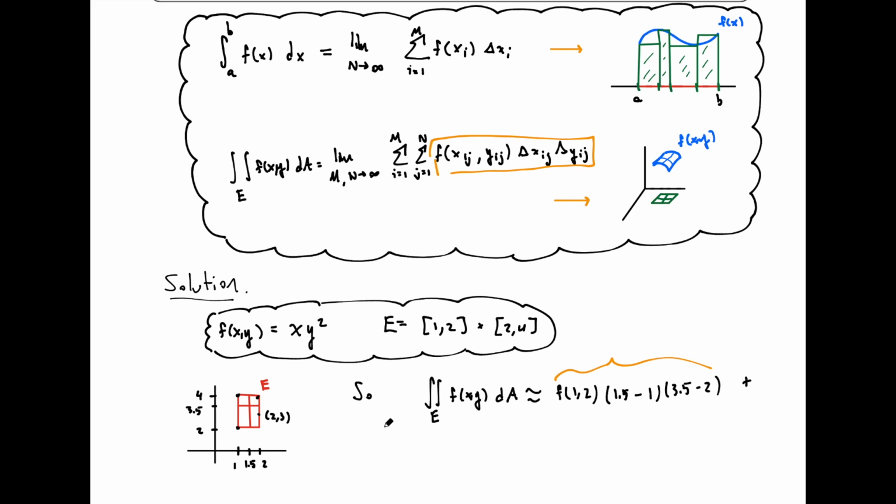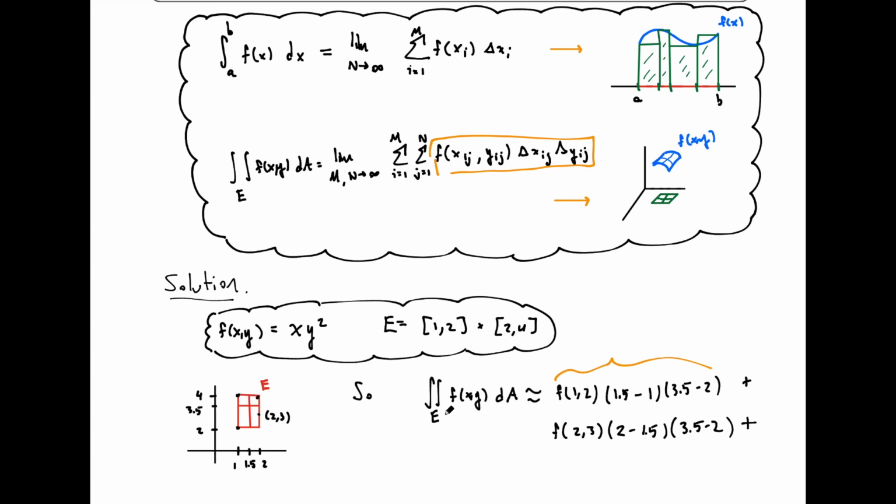So this will be plus the lower right rectangle. The sample point is 2, 3. So that would generate the height of the box. The width, in this case, the delta xij would be 2 minus 1.5 times the height would again be 3.5 minus 2. That term right there is the volume of this box, and then we can move on.